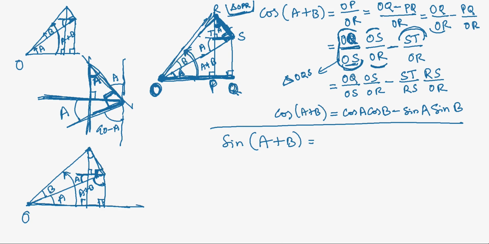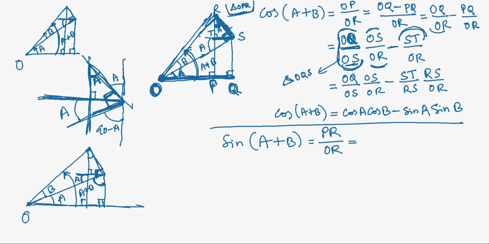The sine of A plus B is the opposite side of A plus B. You know where the angle A plus B is, right? This is PR, so PR by OR.